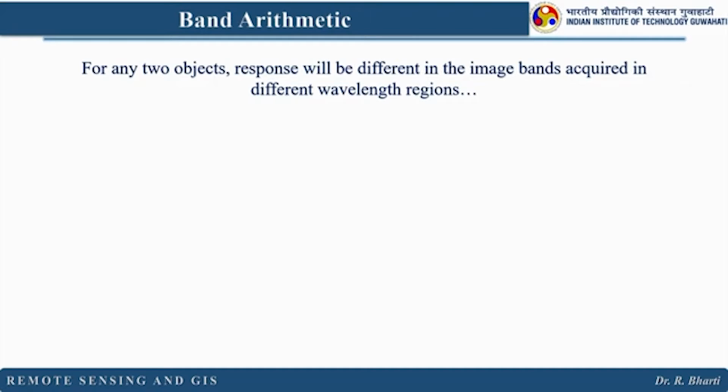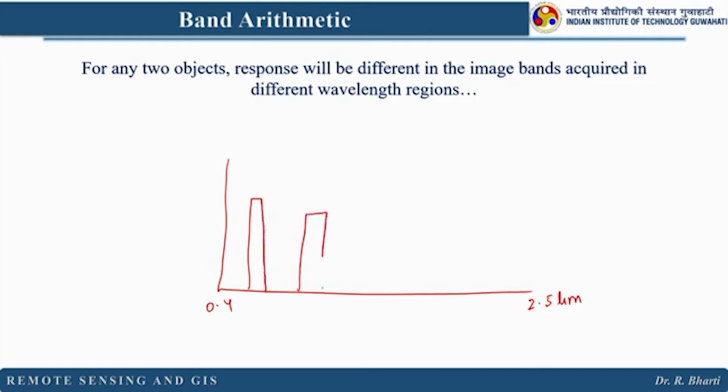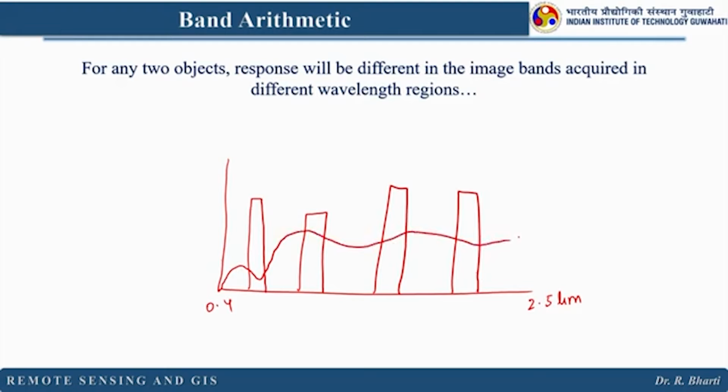We have already seen that if you have a range of 0.4 to 2.5 micrometer, and your bands are like here, here, here and here, this is the case for broadband and multispectral data. Now if you want to identify vegetation, it will look like this.